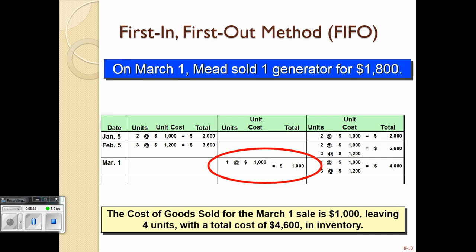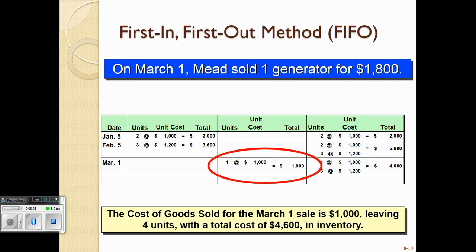And then notice what happens on the far right, in the very last row there. Because I sold one, I only have 1 left at $1,000. And I have 3 units left at $1,200. So what's going to happen in this case is my inventory value is now $4,600.